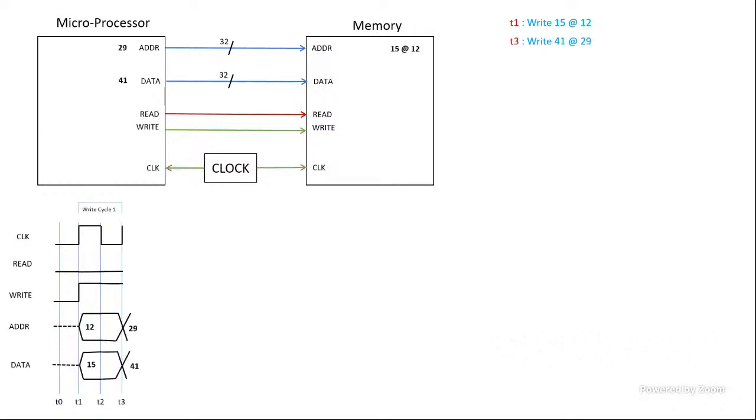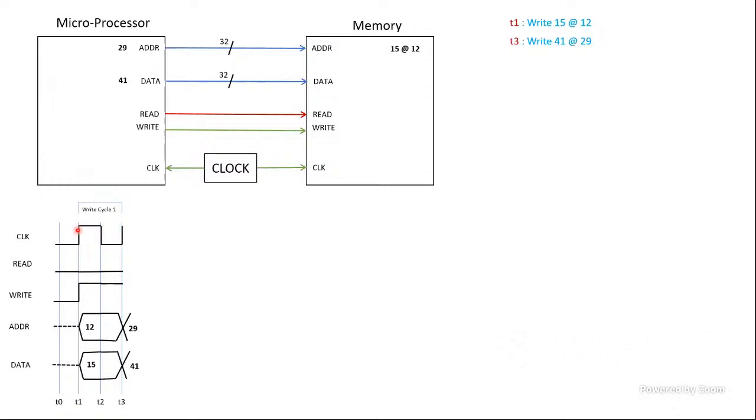At the next rising edge of the clock, your previous data, this 15 at address 12, is actually registered in the memory. So memory takes one complete clock cycle, from one rising edge to another rising edge, to complete the requested operation.